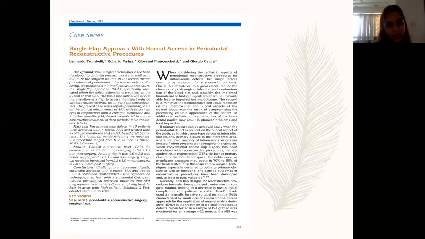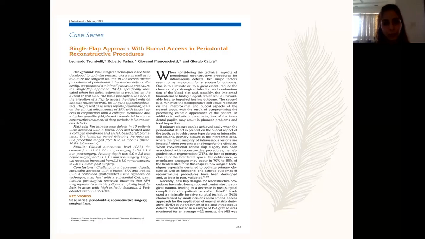They found that with this buccal single flap you had substantial clinical attachment level gain and limited post-surgical recession, which made it really useful in regenerative procedures, especially in the anterior areas, where the osseous defect is limited probably to the labial or buccal cortical plate.